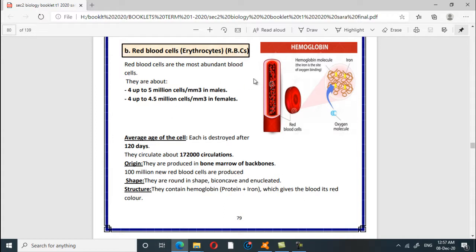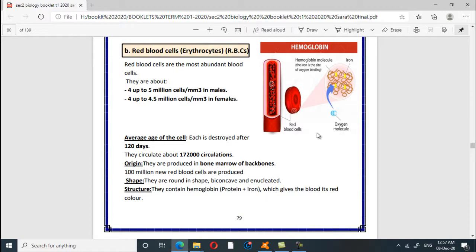A red blood cell makes about 172,000 circulations in the 4 months, and it is produced inside the bone marrow, the jelly-like fluid found inside the large bones of the body.